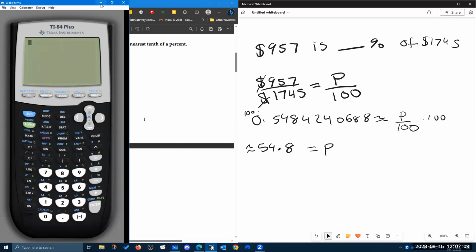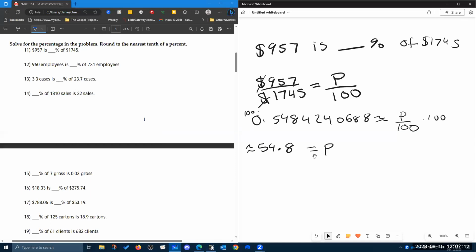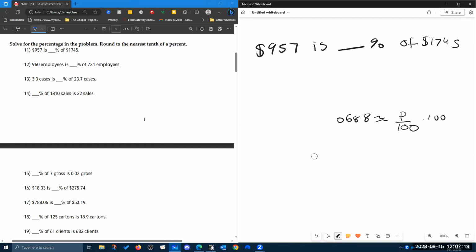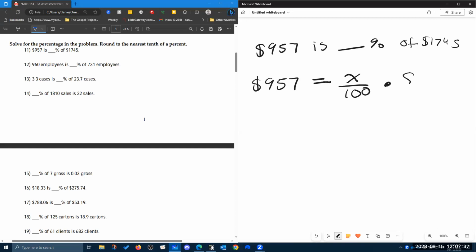Let me show you the other way. The steps are very similar. I'm just going to read the problem exactly and do what the words tell me to do. So instead of setting it up as a proportion, I'm going to say $957 is some percent, which means to divide by 100, of $1,745.